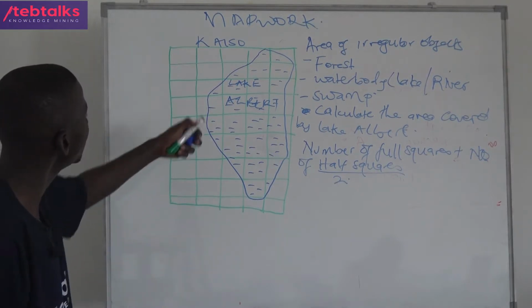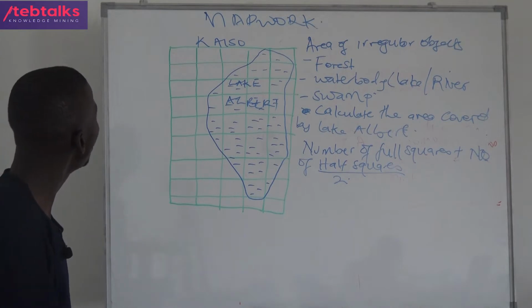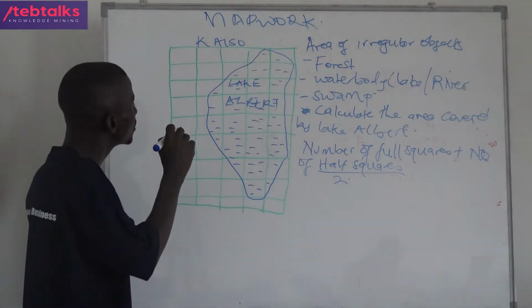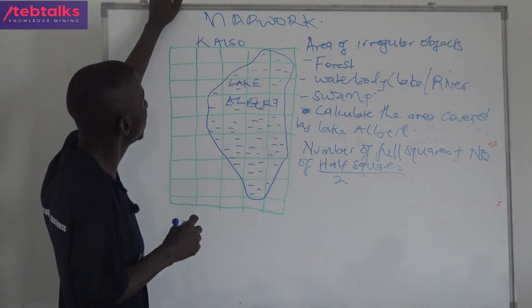So you go back to the map, then start looking for the squares that are fully covered by the water body.